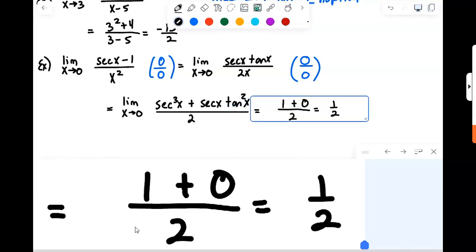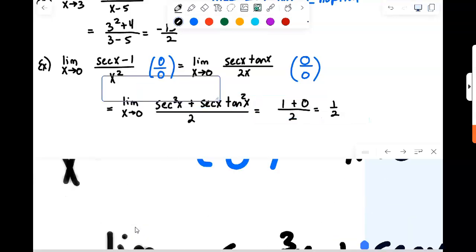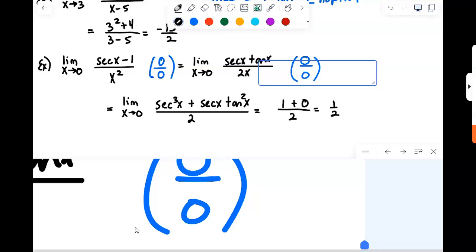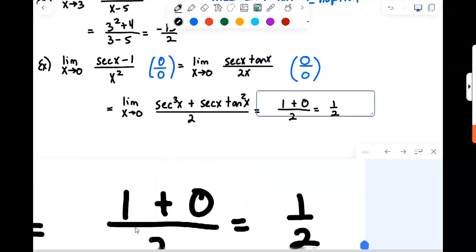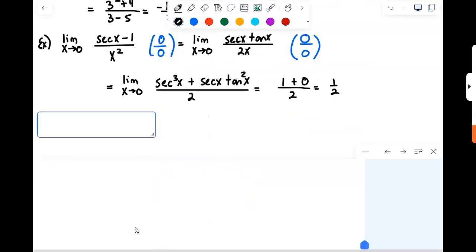So it turns out our limit is 1/2. Okay, our limit here is 1/2. So we're able to make that work out by actually doing a double application of L'Hopital's rule. Let's do one more here.